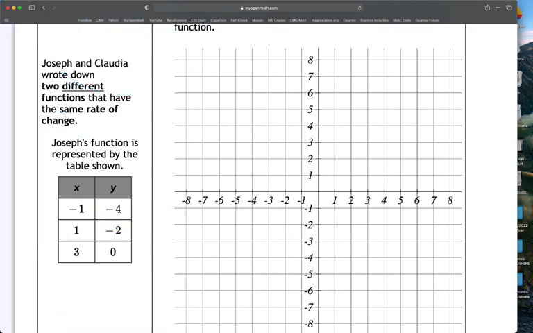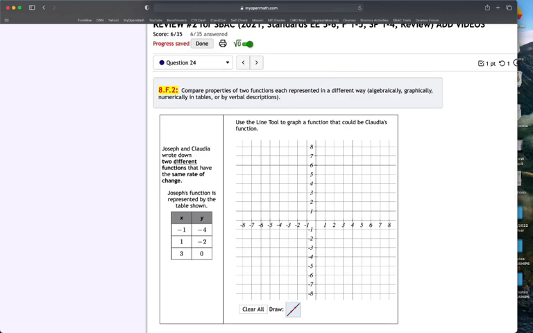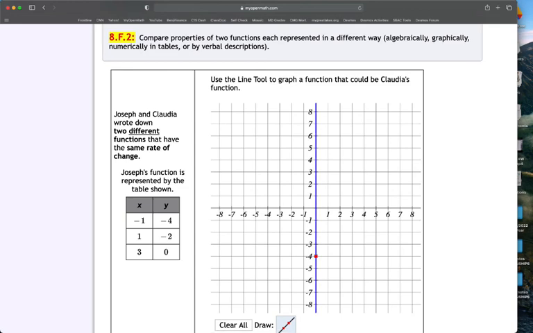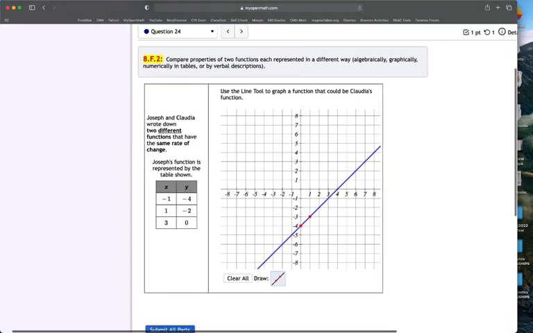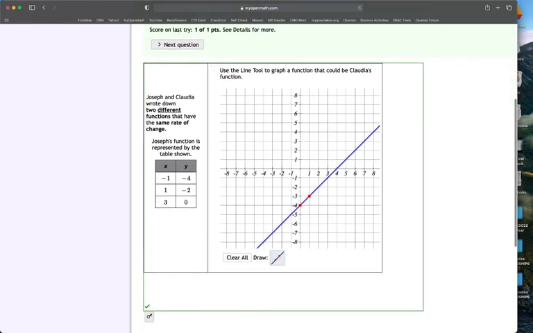So we have a y-intercept of, remember, anything but -3 and the same rate of change, and submit that, and we can see that Claudia has the same rate of change but a different y-intercept, which means she has a different function than Joseph.